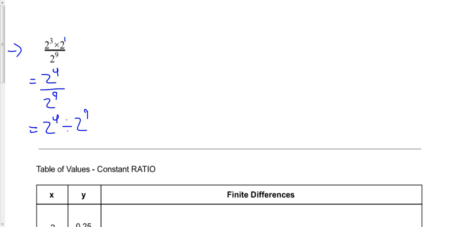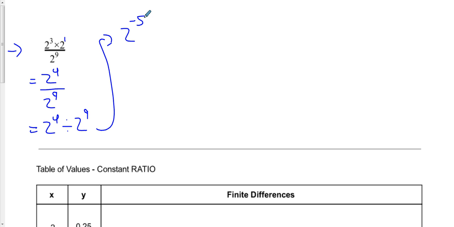Okay, and so it's a division question. So we know that this is actually going to end up being 2 to the negative 5. Okay, because 4 minus 9 is going to give us negative 5.